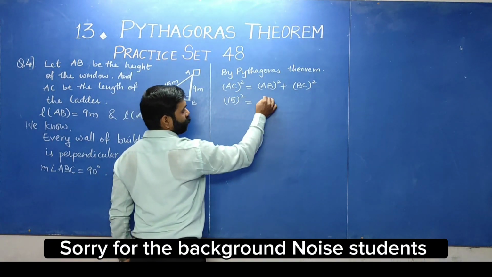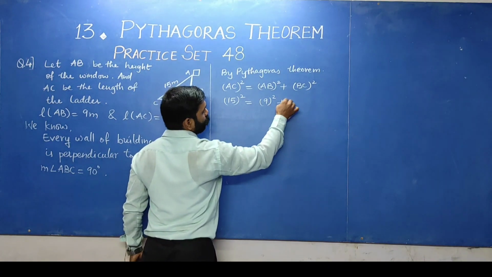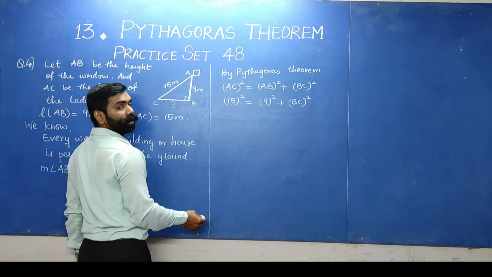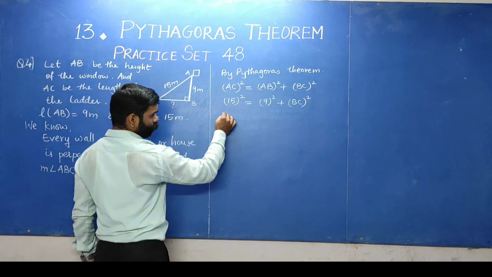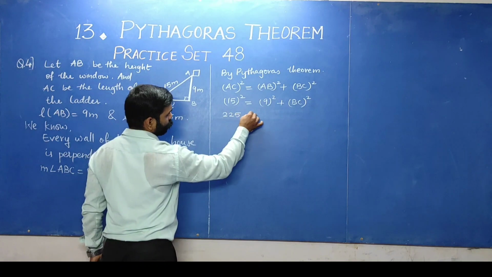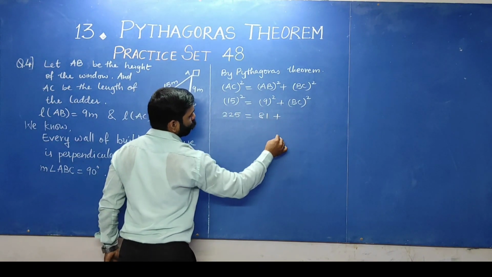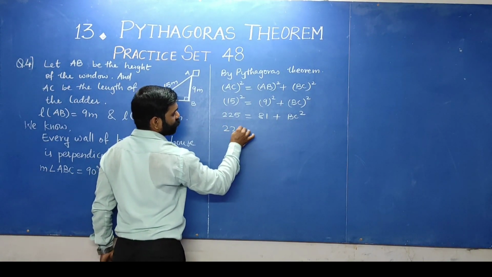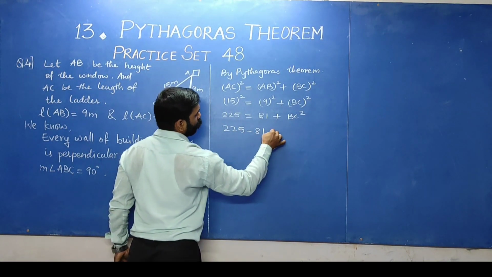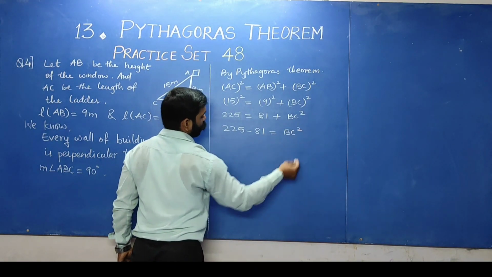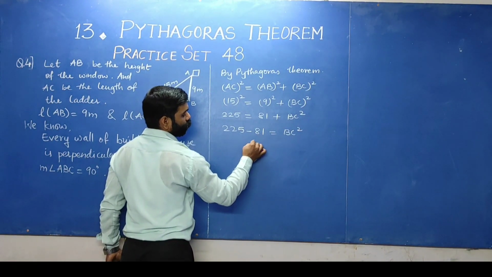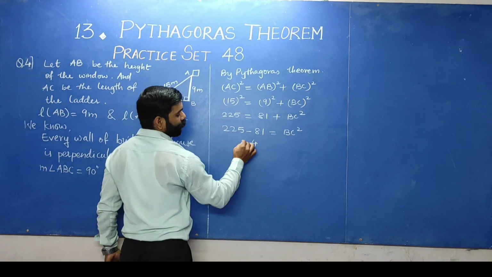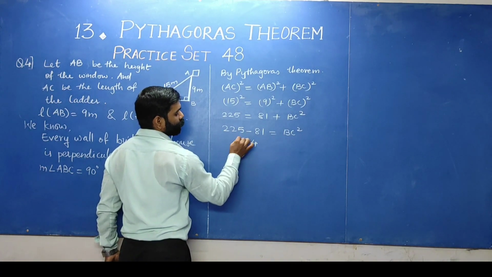AB we know as 9, so we will write 9 square. BC we don't know, we need to find that only, the distance between ladder and the wall of the building. So 15 square is 225, 9 square is 81 plus BC square. 81 we will take to left hand side, it will become minus. 225 minus 81 is 144. 5 minus 1 is 4, 12 minus 8 is 4, 1 minus 0 is 1.